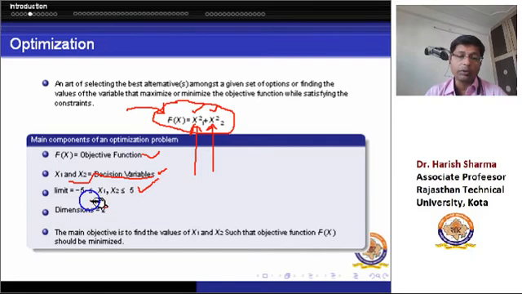The number of dimensions of the problem means the number of unknown variables in that problem. Here we have two unknown variables, so the dimension of the problem is 2. The main objective is to find the values of x1 and x2 such that the objective function f(x) is minimized.